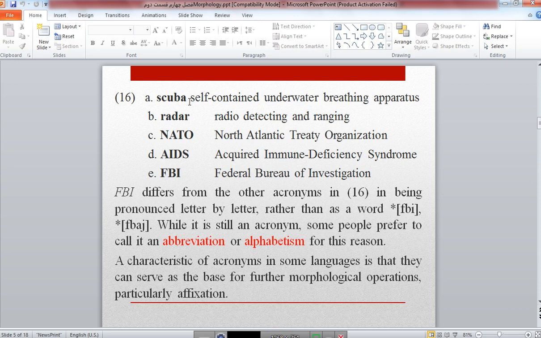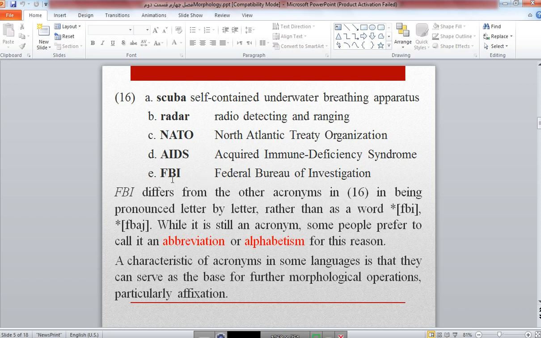Radar: radio detecting and ranging. You see here again A, these two words, then D, then A, then R. Or NATO, North Atlantic Treaty Organization, or AIDS, or FBI, you see here.